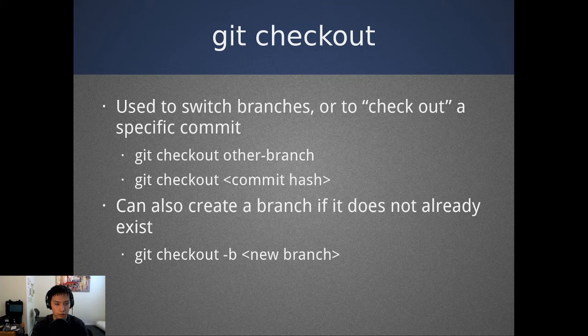This is useful if I want to go back in history like 5 commits and see what this file was, let's say. So you can use git checkout for that. You can also create a different branch if it doesn't already exist using git checkout -b and whatever new branch name you want to create.